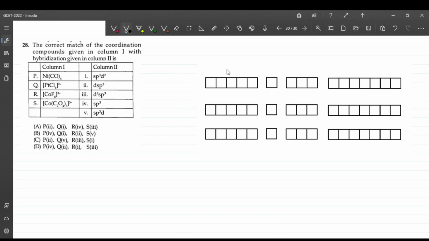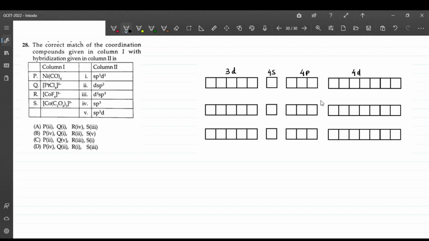Like hybridization, this is 3d orbital. This is 4s, 4p, and 4d. Like this is the third shell and this is the fourth shell, right?